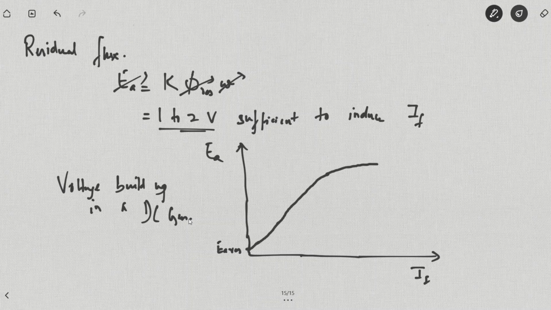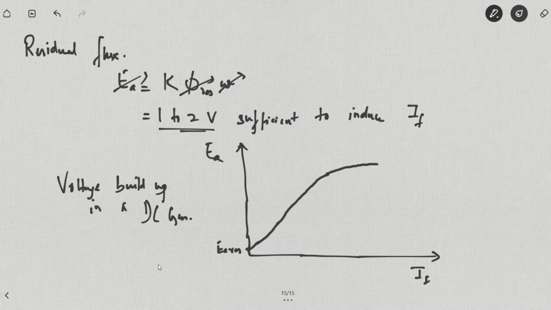Because of some leftover flux from the previous operation, even if that is of the order of 0.0001 Webers, it will be enough to induce a voltage of 1 to 2 volts that will cause current to flow through the field windings. It will produce a little bit more flux, that will produce a little bit more EA, that will produce a little bit more current IF. So this process will keep on happening. It can be explained basically through a feedback mechanism. So EA will eventually build up as IF increases.